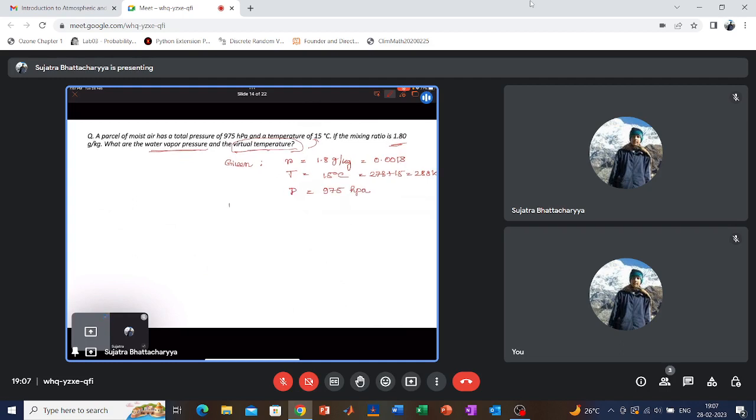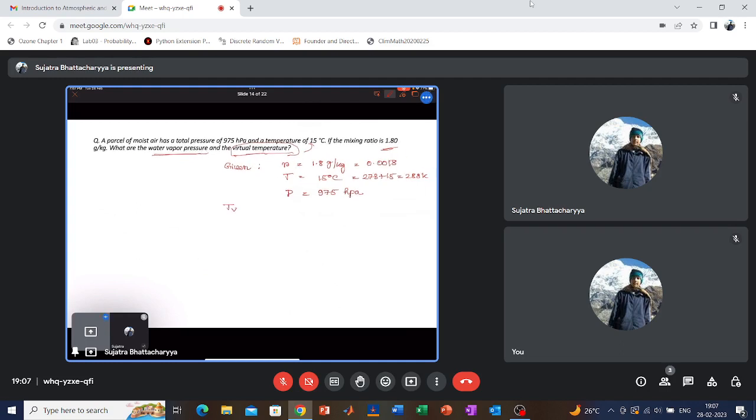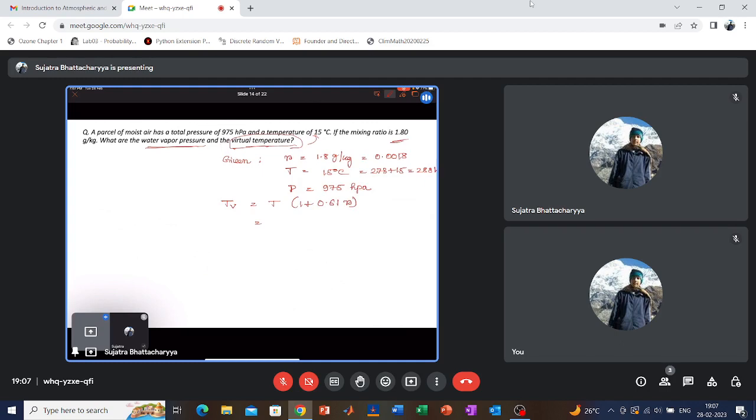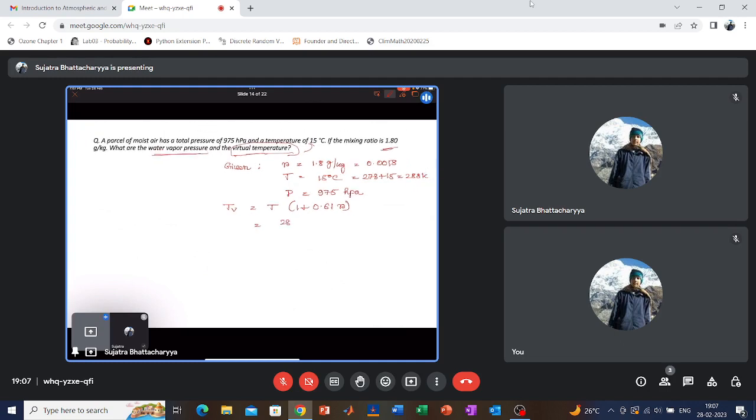So just write the virtual temperature formulation, that is TV is equal to T times (1 plus 0.61 into R). So that will be 288 times (1 plus 0.61 into 0.0018).